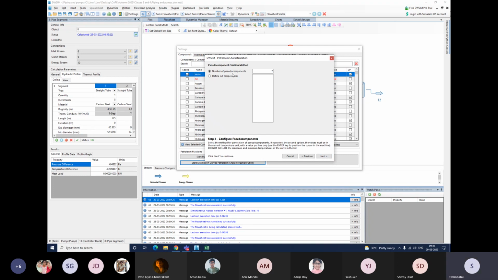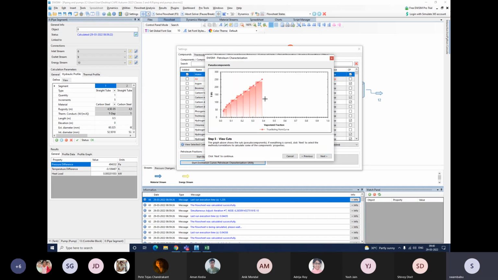And the number of pseudo components we can specify to be 7 or whatever. By default it shows 7, but we can vary. If you want to get 7 pseudo components, the whole thing is cut into 7 segments, like you can see 1, 2, 3, 4, 5, 6, and 7.